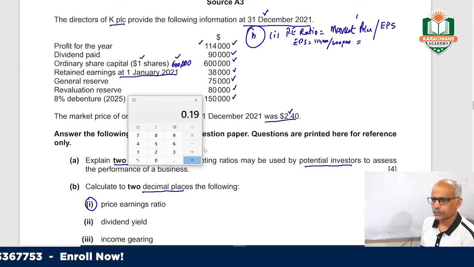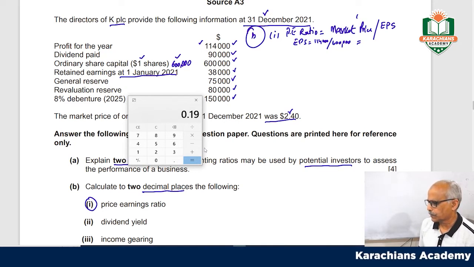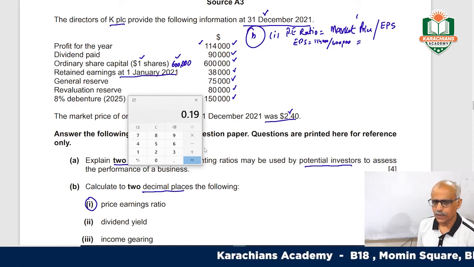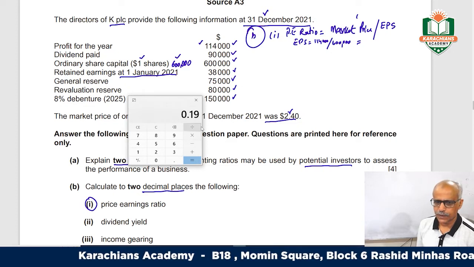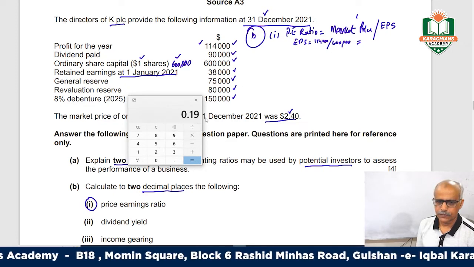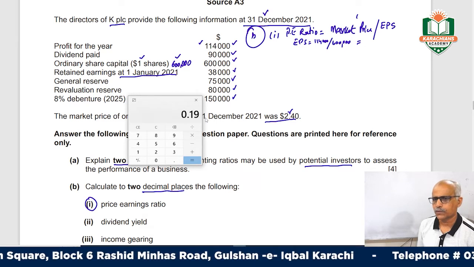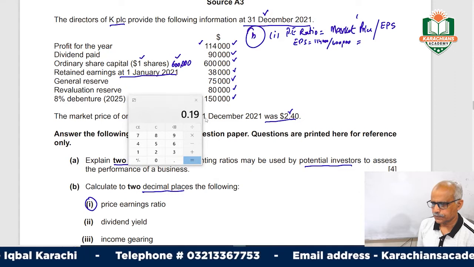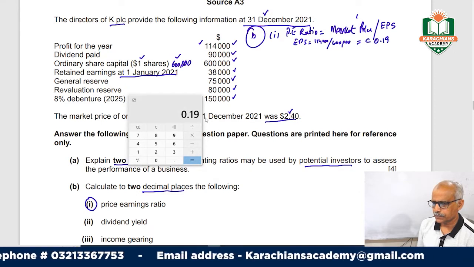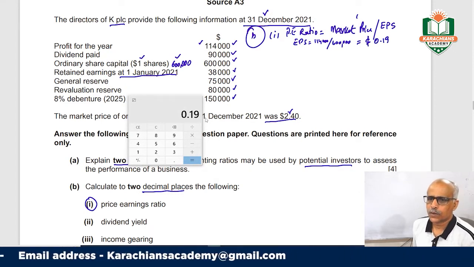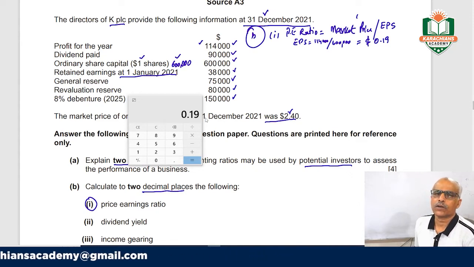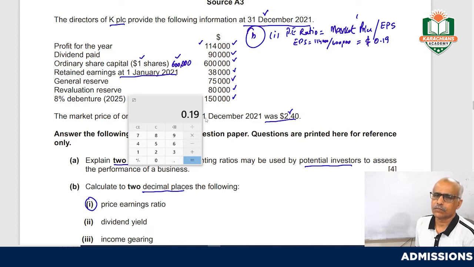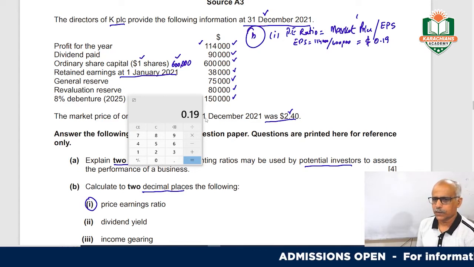Earning per share would be 0.19, right? What does this mean? Now, $1 of your market price earns how much? 19 cents. The earning per share is there.